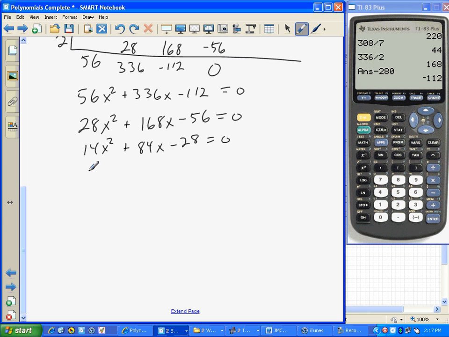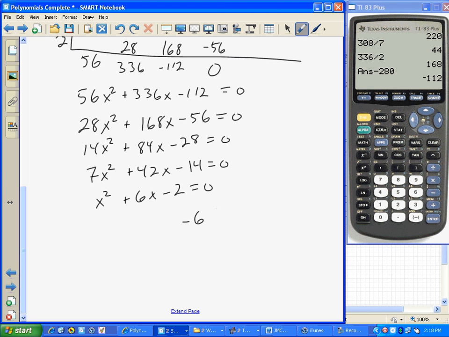Still take another 2 out. 14. Now I can take a 7 out. There we go. Now this is going to be a lot easier to simplify here. So we can complete the square, we can use quadratic. I'll use quadratic, just I don't think I've done a lot of examples with quadratic.